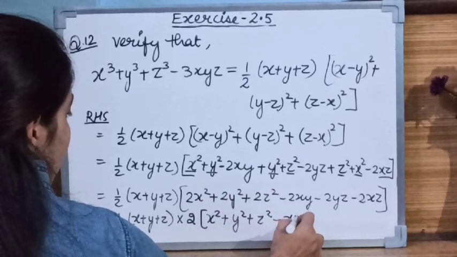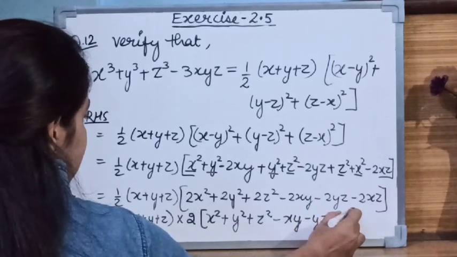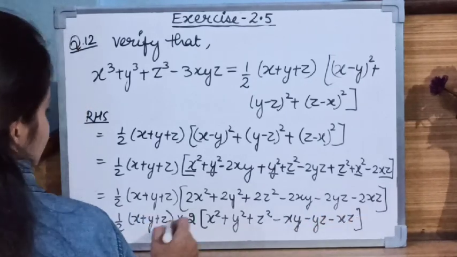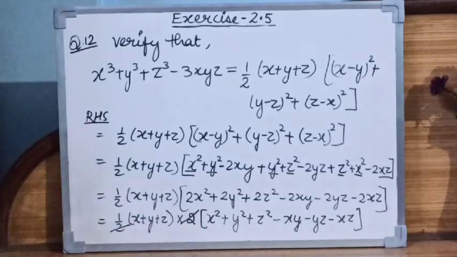Then I write the remaining terms over here, minus xy minus yz minus zx. As you know, 2 will cancel 2. So we have x plus y plus z and then x square plus y square plus z square minus xy minus yz minus zx.